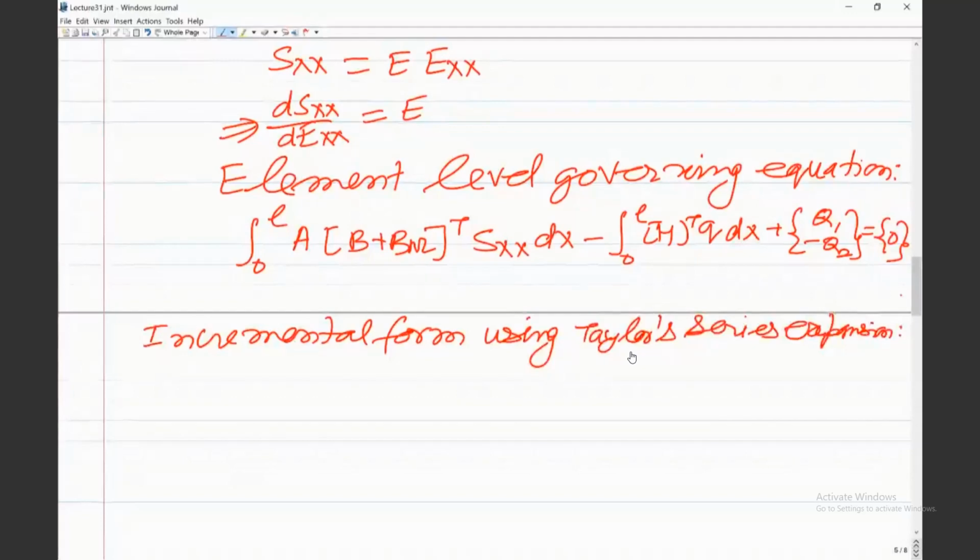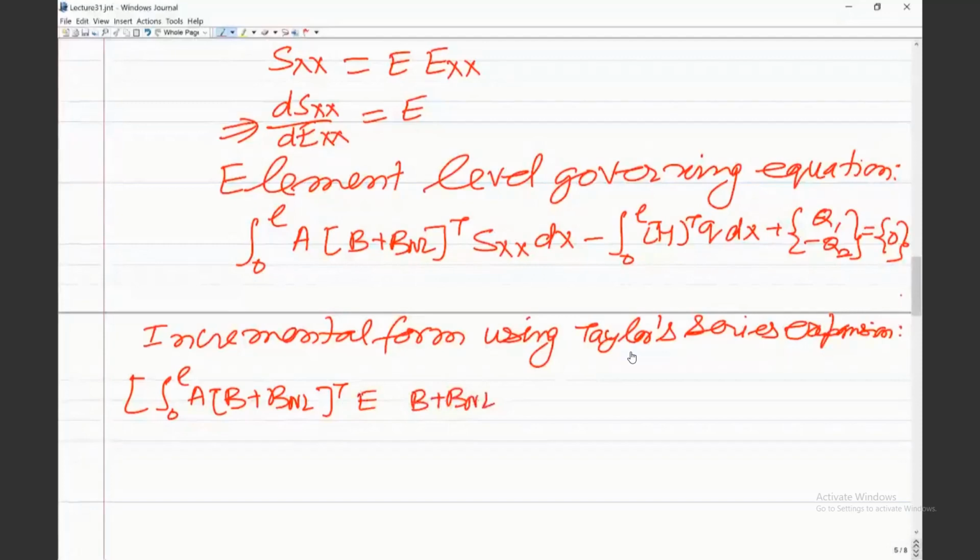Again, I am going to write it in a similar manner, and then I will explain how to write the final form. We will have the first term, integration 0 to L, and then A, and then B plus BNL transpose, and then E, and then again B plus BNL.